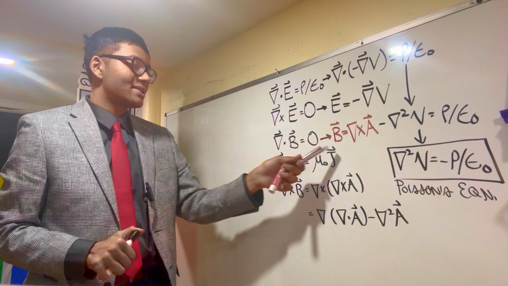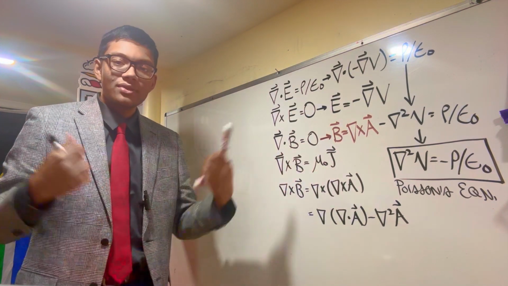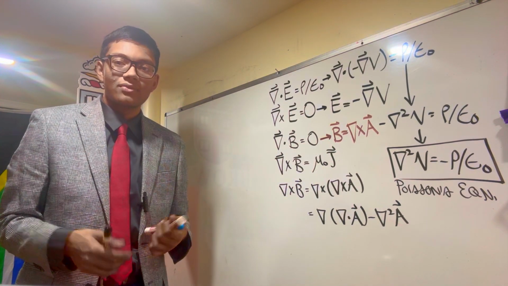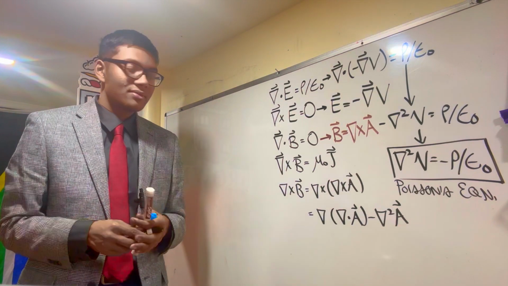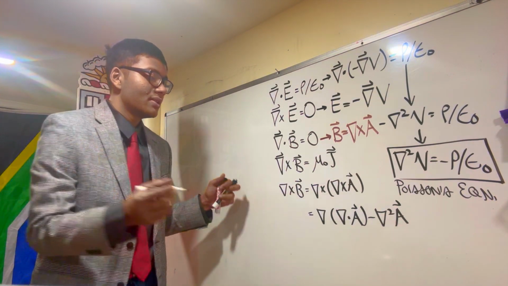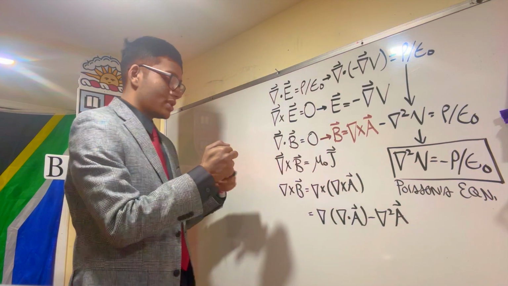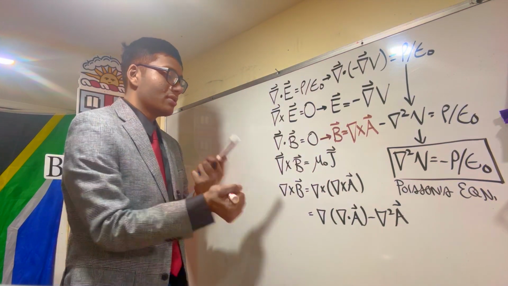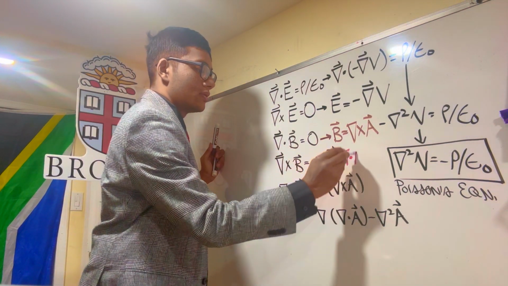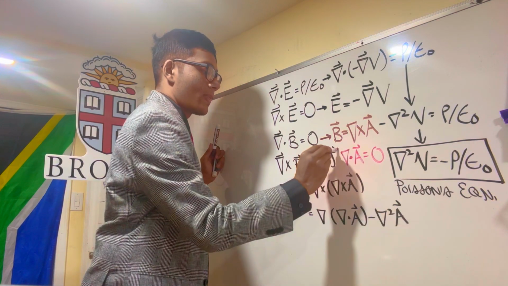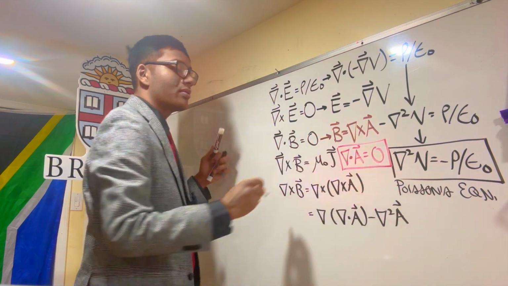Now notice that since B is just the curl of A, I can choose the divergence of A to be anything, right? So why not choose it to be the simplest possible thing? Why not choose the divergence of the magnetic vector potential to be 0? This right here is called the Coulomb gauge.